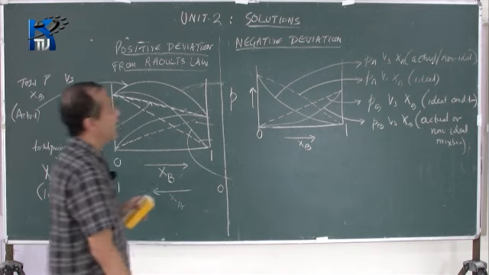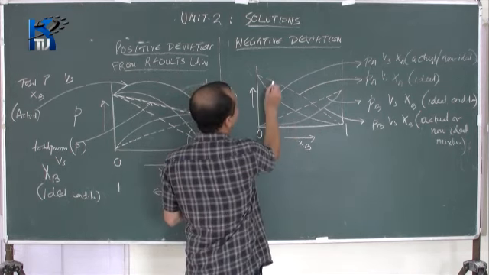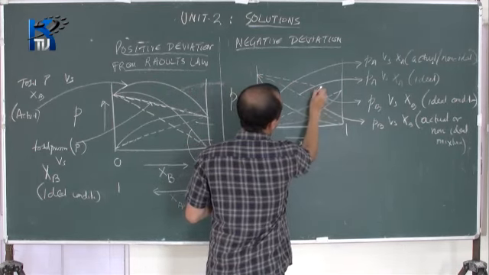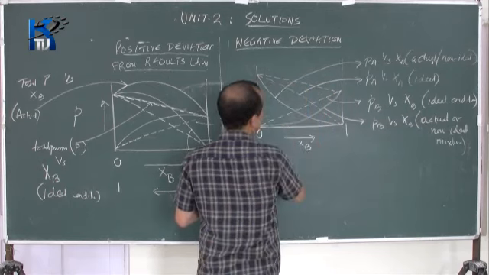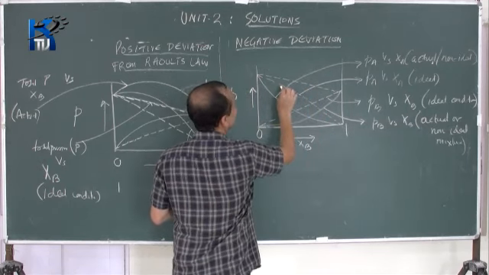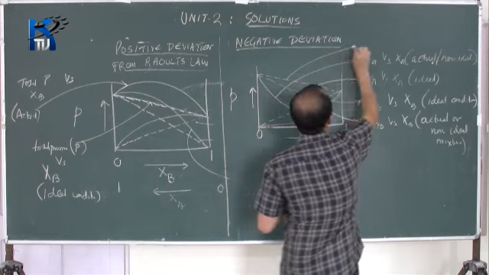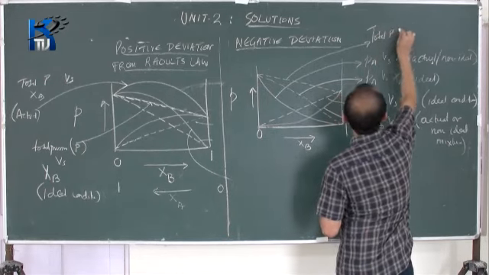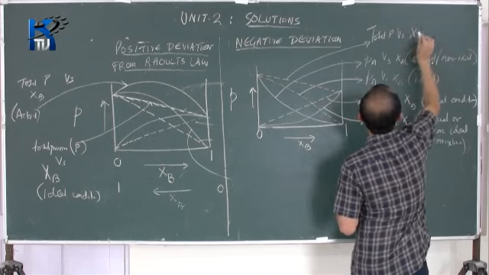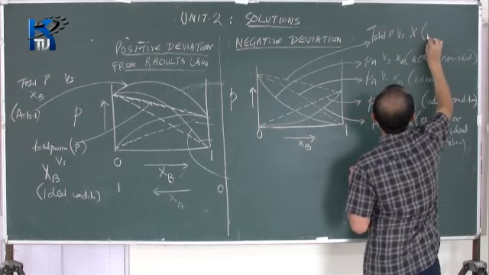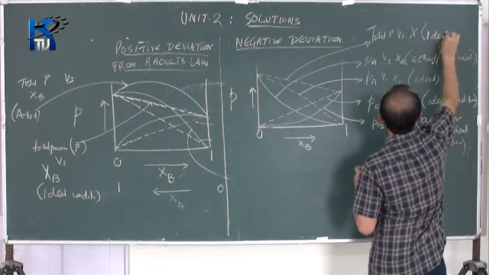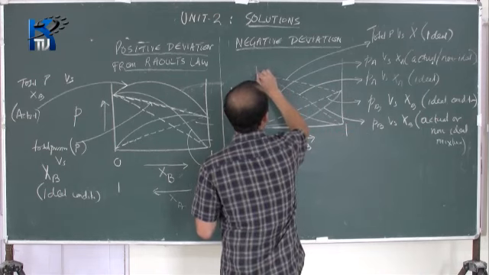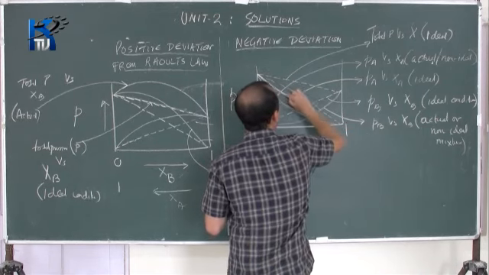Okay, and the total pressure graph for ideal condition, dotted lines again. Let's write it here on the top. This is total pressure versus mole fraction. This is ideal, and this will be the actual.